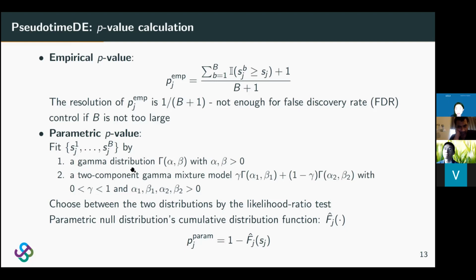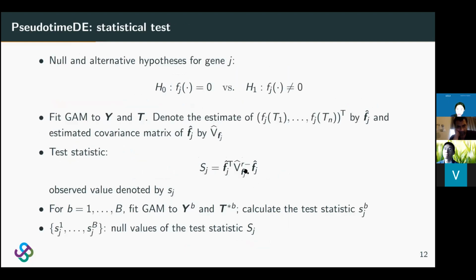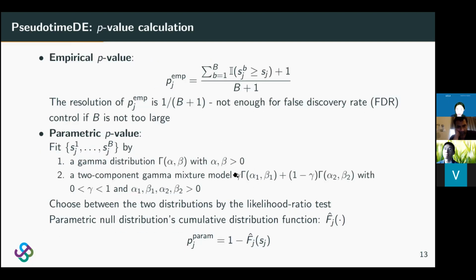Empirically, we observed that we could fit this distribution well using either a gamma distribution, because you can see the original chi-square theoretical distribution is actually a special case of gamma, or a 2-component gamma mixture model. The original theoretical distribution could be a mixture of chi-squares, and that's also a special case of a mixture of 2-component gamma. So we fit each to the observed null values.